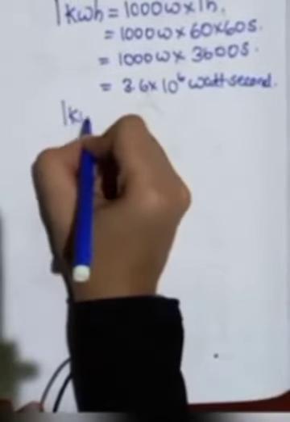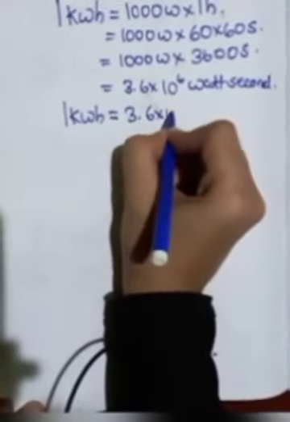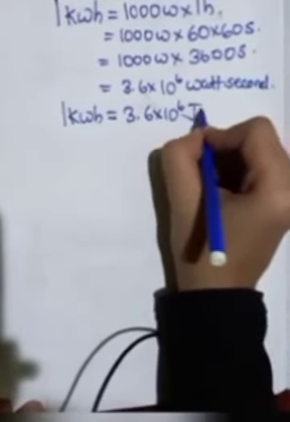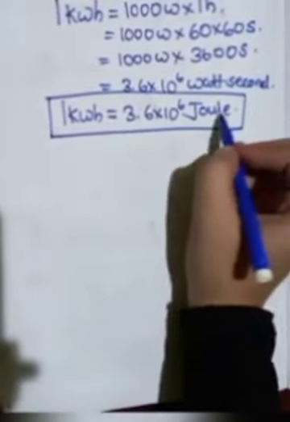So 1 kilowatt hour is equal to 3.6 into 10 raised to 6 joule. Very important, sometimes you have to convert kilowatt hour into joule.